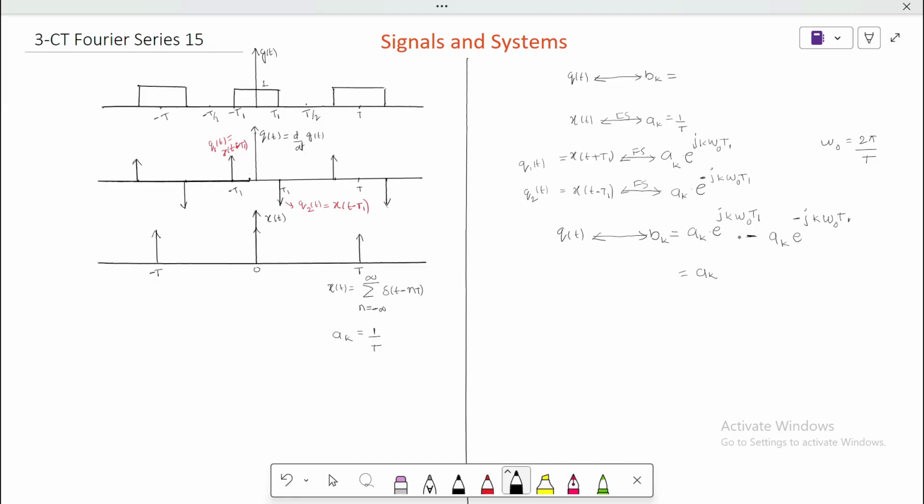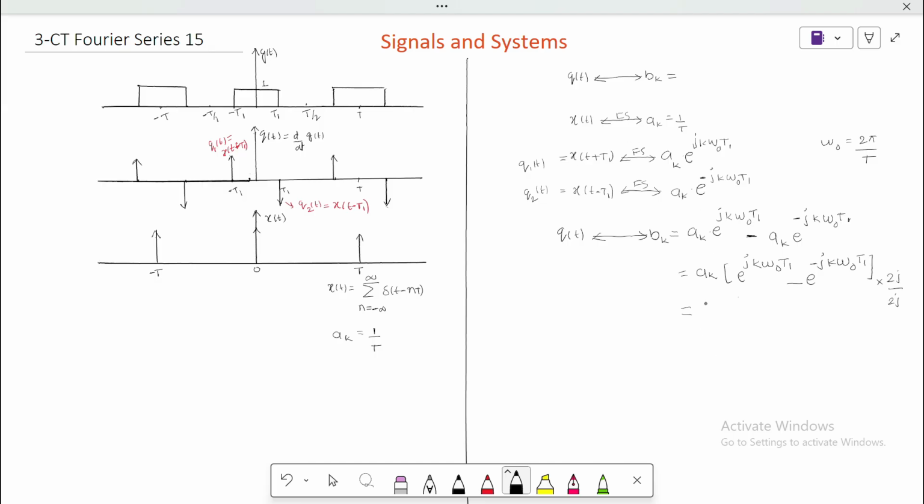So ak is common, and we know that e power j theta minus e power minus j theta, divided by 2j, becomes sine theta, so we multiply and divide by 2j.